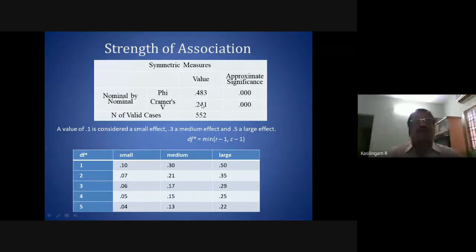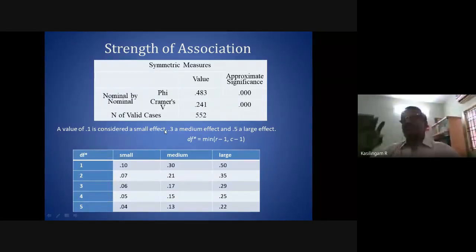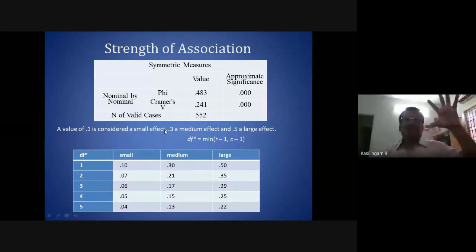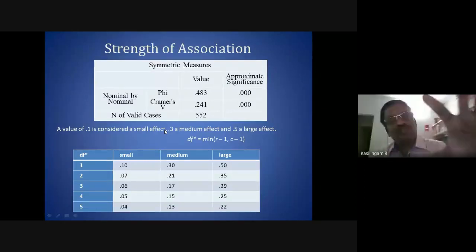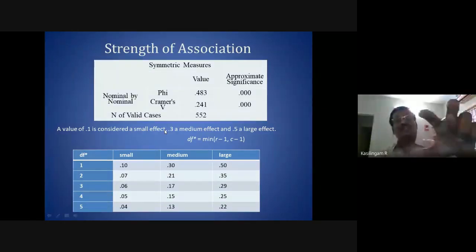Now, it is a rule of thumb. Different people will give different rules. I have taken this one from one book. Naresh Malhotra has given a slightly different one, the same thing with slightly different values. He will be interested to have up to 6. That is also given here.